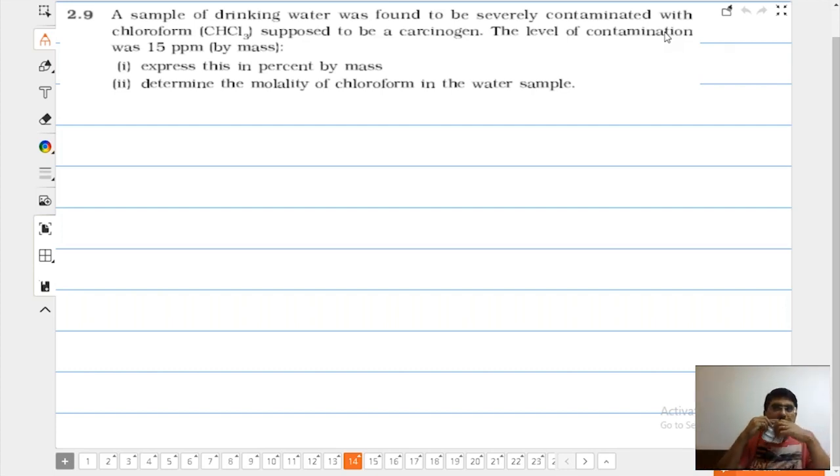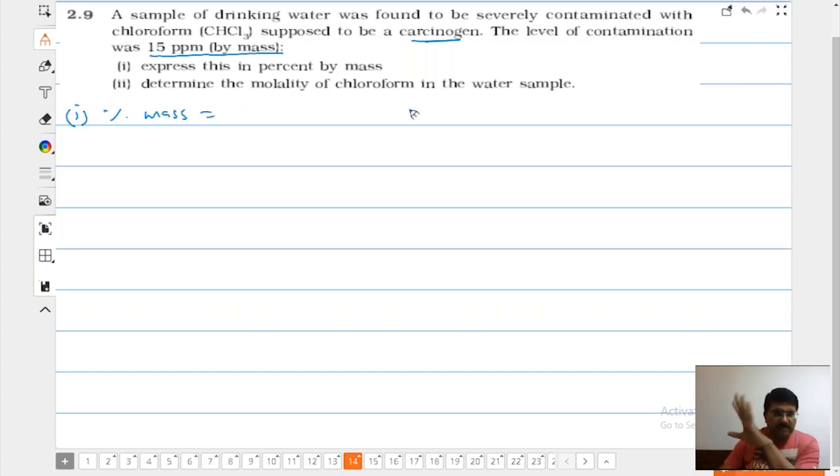Read between the words. Done, bachcho? A sample of drinking water was found to be contaminated with chloroform, supposed to be cancer causing. The level of contamination was 15 ppm by mass. Express this in percent by mass.